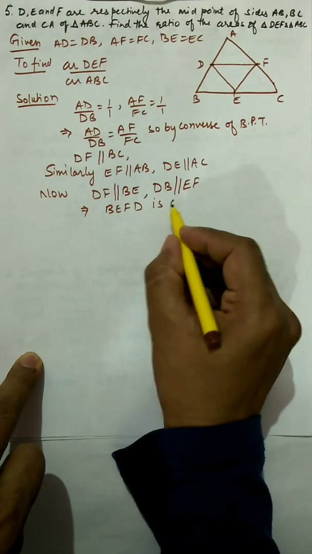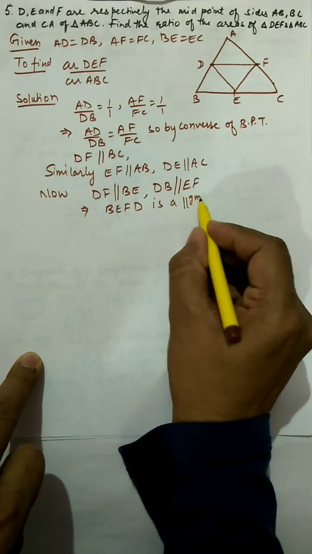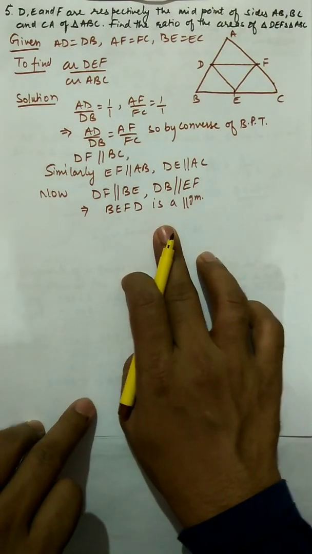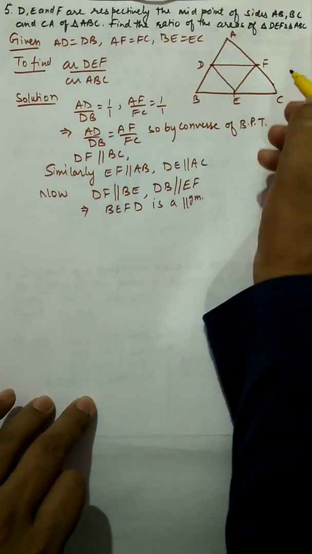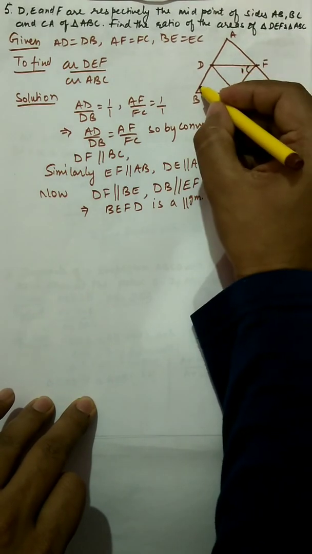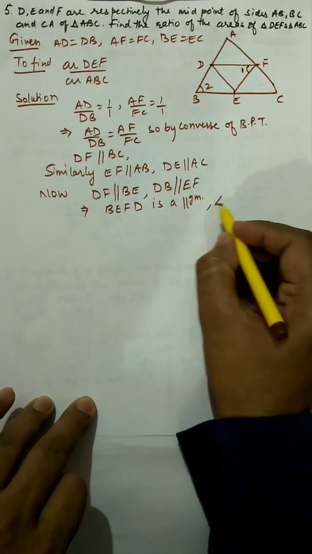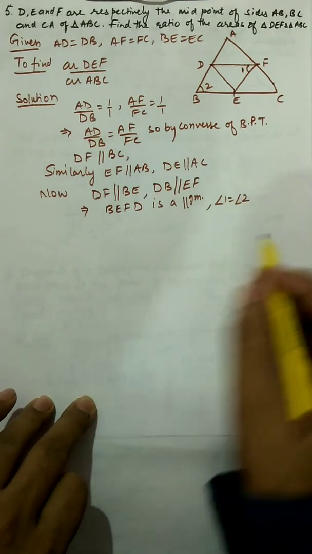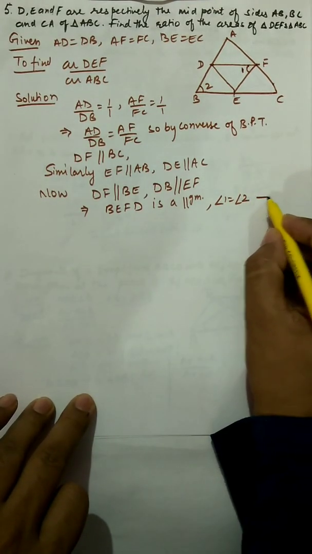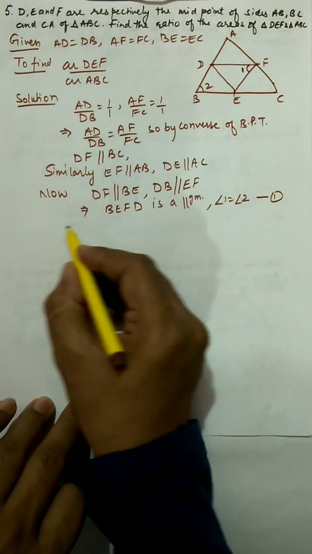Once we have shown that this is a parallelogram, now it is very easy. I can mark this angle as 1 and this angle as 2. So angle 1 equal to angle 2, as opposite angles of a parallelogram are equal. We mark this as equation number 1.